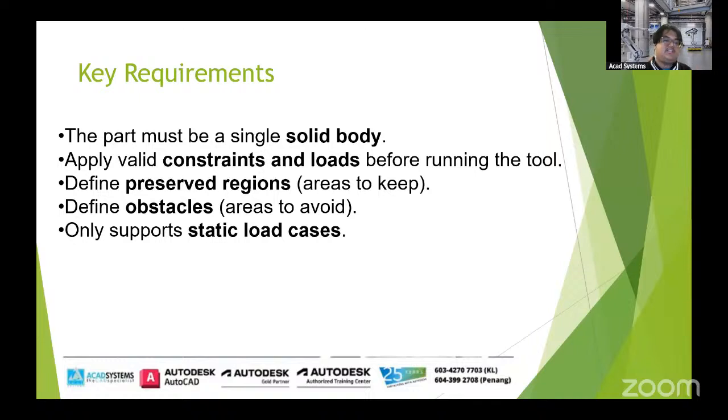And then next, define obstacles. For example, if you have a bracket that you want to use to support a system, make sure those parts of the obstacles we define, we use preserve regions on it.